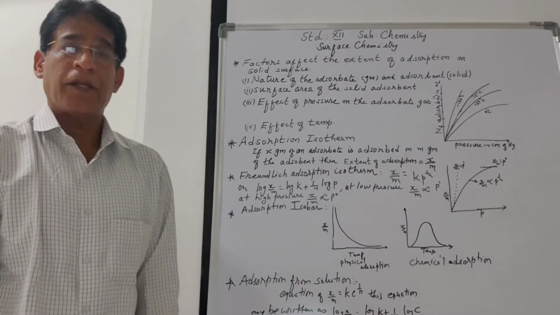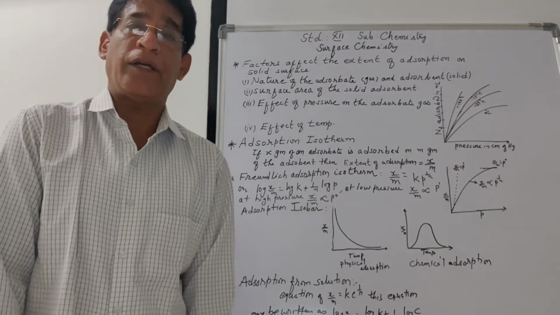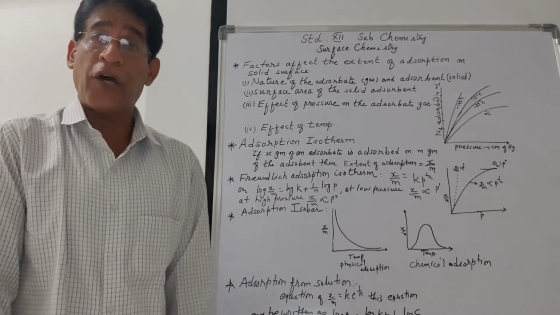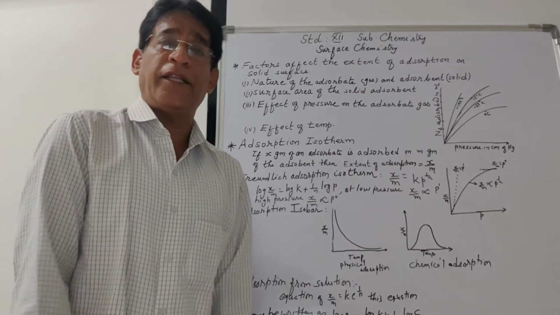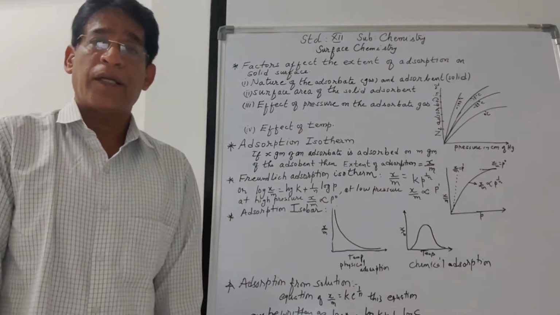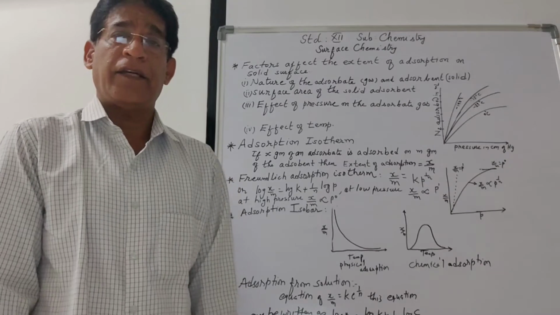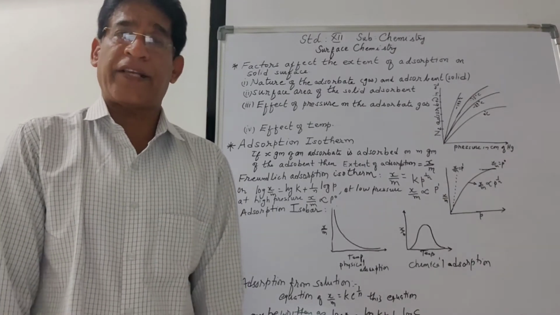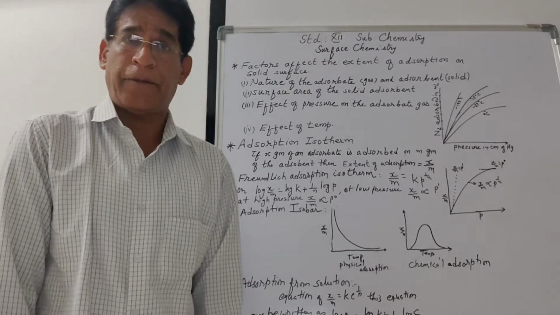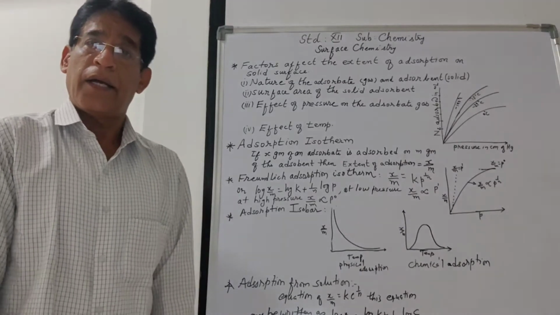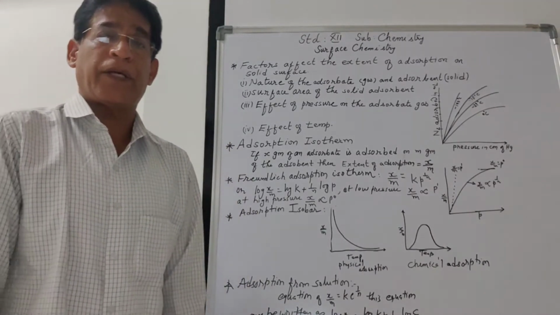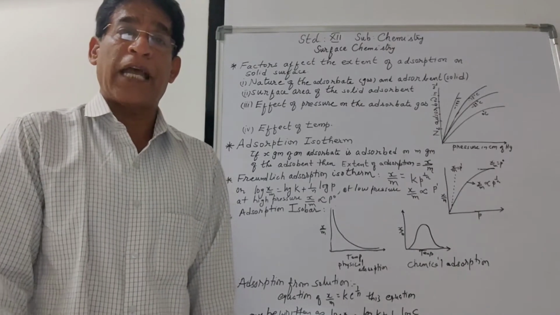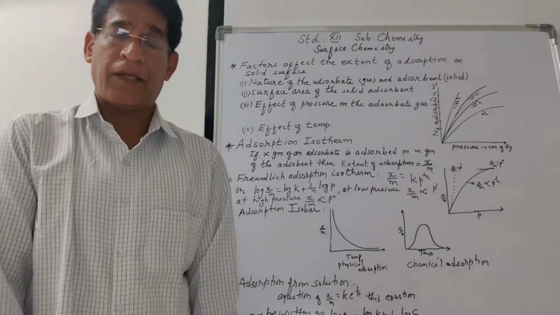Third factor, effect of pressure on the adsorbed gas. An increase in the pressure of the adsorbed gas increases the extent of adsorption. At low temperature, the extent of adsorption increases rapidly with pressure.